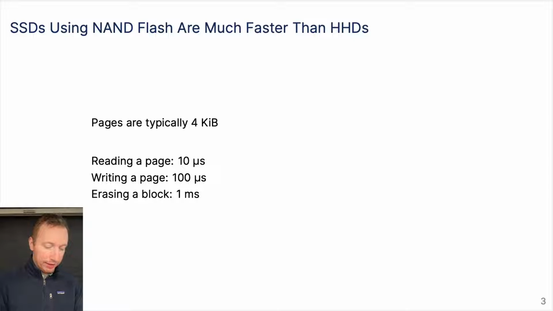SSDs use NAND flash. They're going to be much faster than hard drives. Page size will typically be 4 kilobytes, like I said, and it's going to be about an order of magnitude quicker than a hard drive. Reading a page would be like 10 microseconds. Writing a page would be 100 microseconds. And then curiously, erasing a block is 1 millisecond.